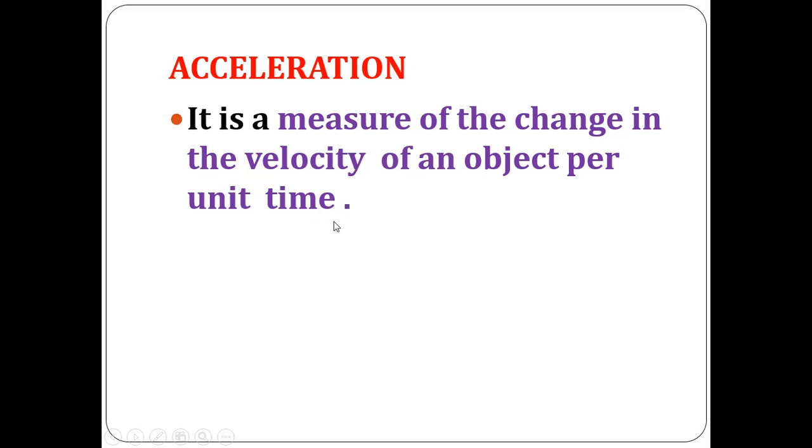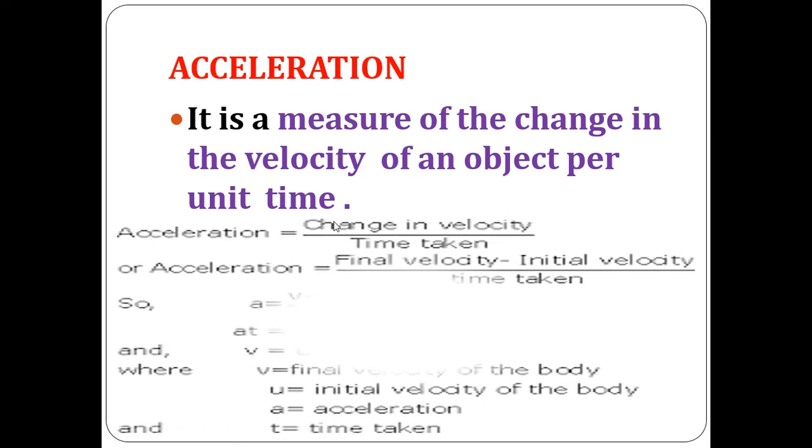It can be derived by the formula: acceleration is equal to change in velocity divided by time taken. Or it can also be described as acceleration is equal to final velocity minus initial velocity, divided by time taken.